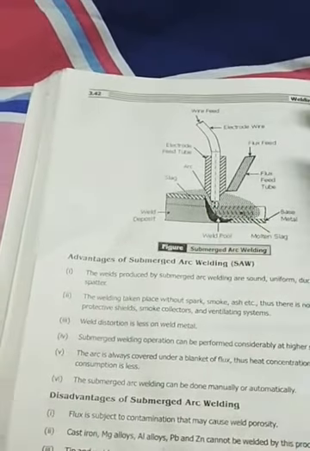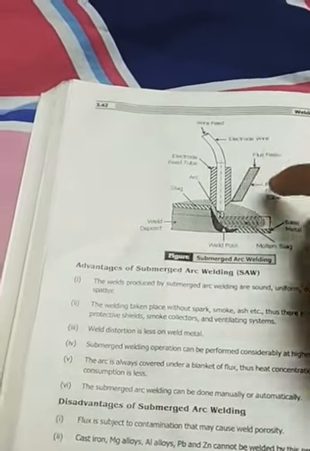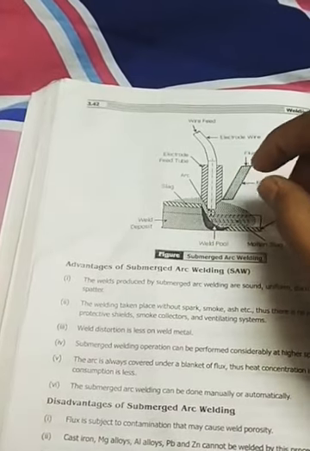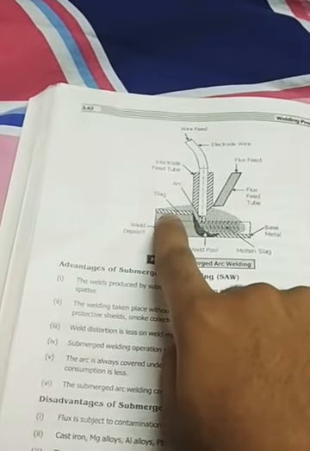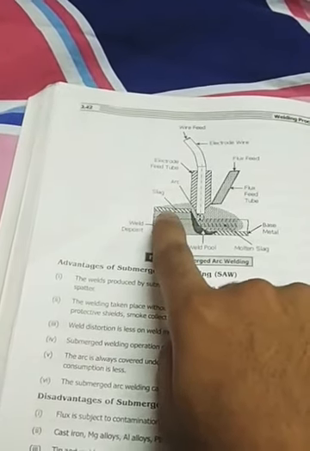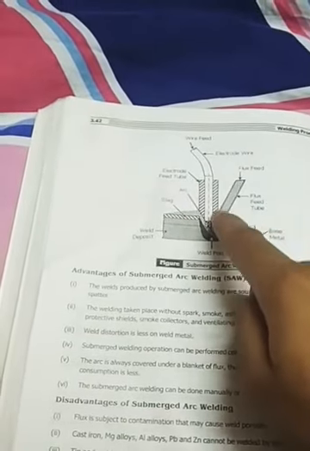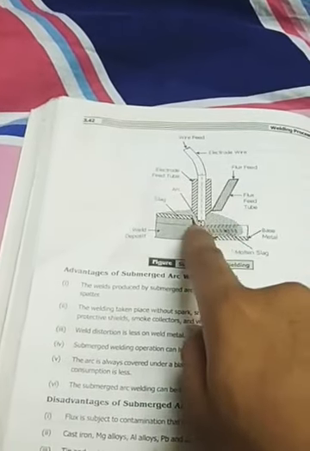We apply the external flux in the form of powder to protect the weld pool. Some slag is produced, and the wire is fed through the electrode feed tube.